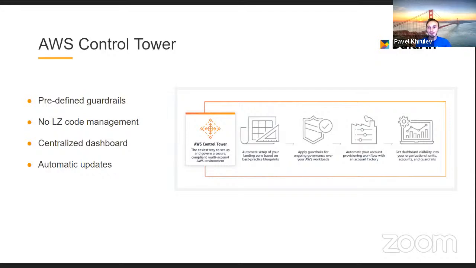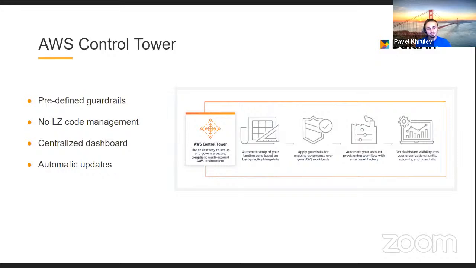You can enable it, and it will detect all resources that don't satisfy this rule. And these guardrails under the hood use either service control policies or AWS Config rules. Those which use service control policies are called preventive rules because they prevent some actions.